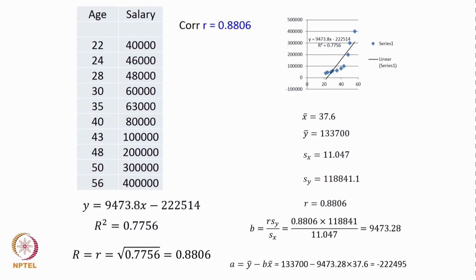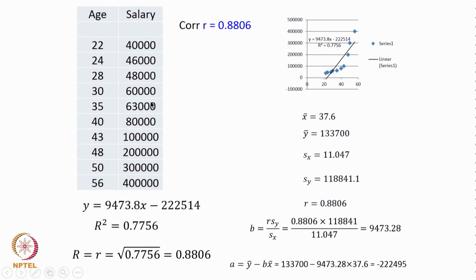And we are just showing this computation. So, again this data correlation is 0.8806. You can use this calculation from x bar, y bar, sx, sy and r, and from this we can quickly get b, which is 9473.28, and then we can get a, which is minus 222495.